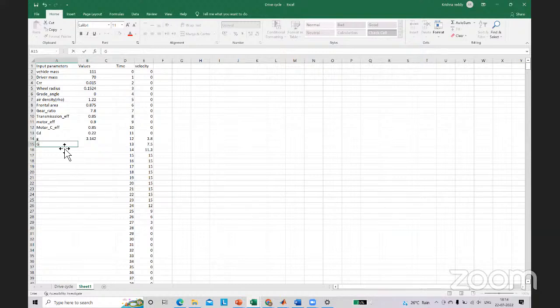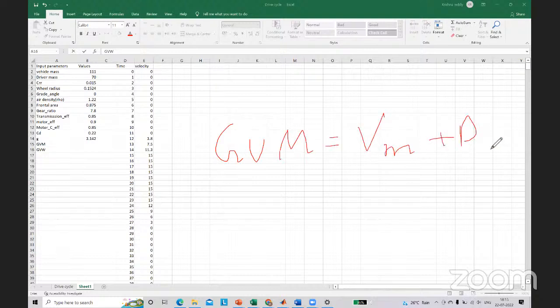Now I'll define GVM and GVW. GVM is nothing but your gross vehicle mass. Let's say GVM equals vehicle mass plus driver mass. If you add vehicle mass plus driver mass, you will get the gross vehicle mass.